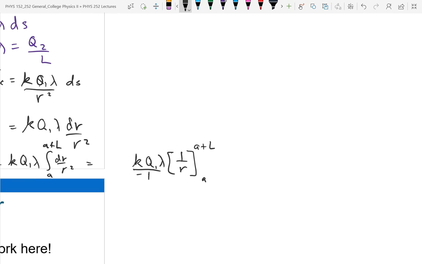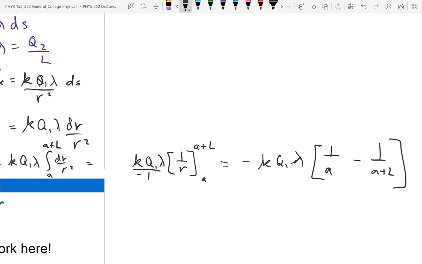Okay, so now we do this and we have minus k q1 lambda times 1 over a minus 1 over a plus L. And now, did I make a mistake? Yes, I did. What was my mistake? It was with my directions, because now, once again, I have a negative answer when the answer should have been positive. That's why I made sure I knew what direction it was supposed to be to begin with.